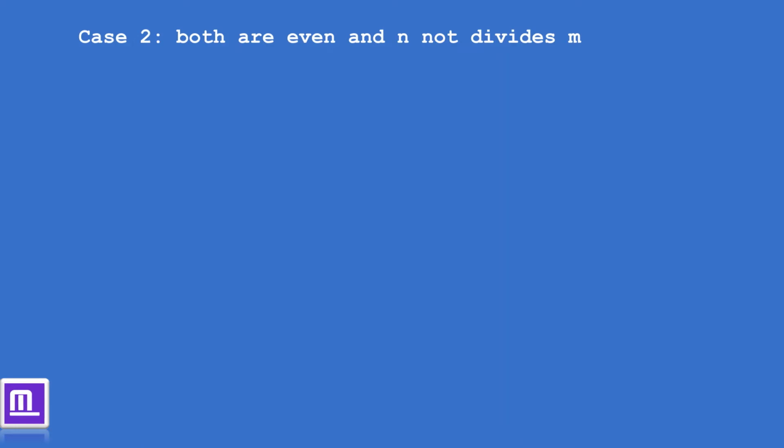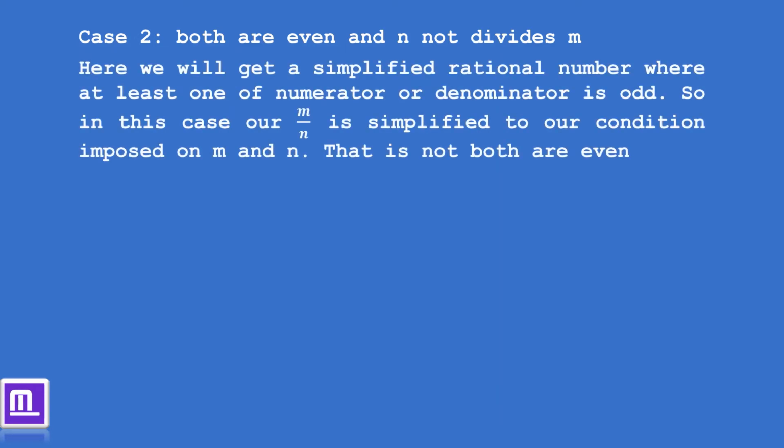Case number 2. Both are even and n does not divide m. Here we will get a simplified rational number where at least one of the numerator or denominator is odd. So in this case, our m by n is simplified to our condition imposed on m and n, that is not both are even. How?